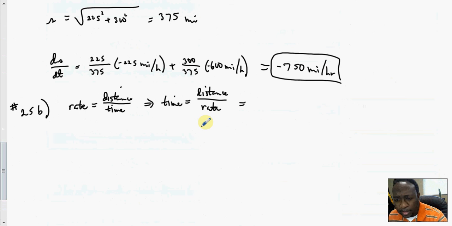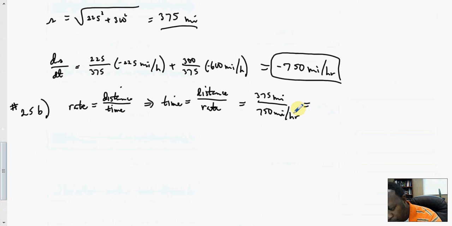So the distance here is this 375 miles, and its rate was 750. That comes out to half an hour, or 30 minutes.